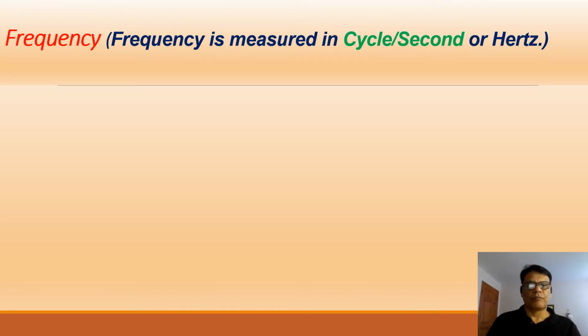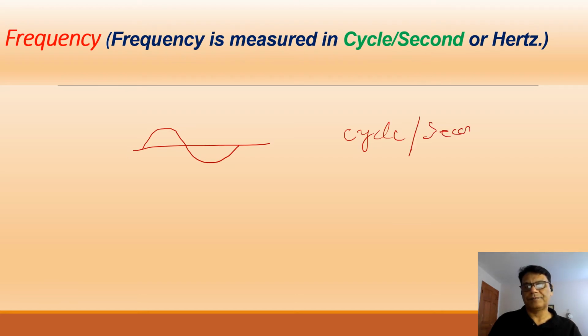Frequency. Cycle per second is called frequency, and we discussed before that cycle per second is also called hertz.